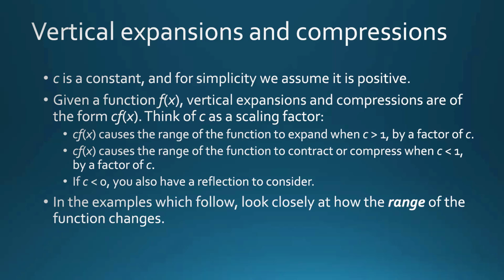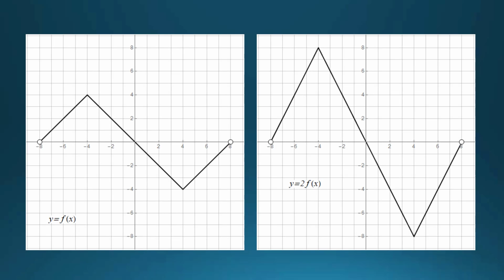And what you want to pay close attention to in the examples which follow is the range of the functions, because that's what's going to be changing. So here again on the left we have the standard linear piecewise function that we've been using as an example. And if you look carefully, you'll notice that the range of this function goes from -4 to +4 on the y-axis.